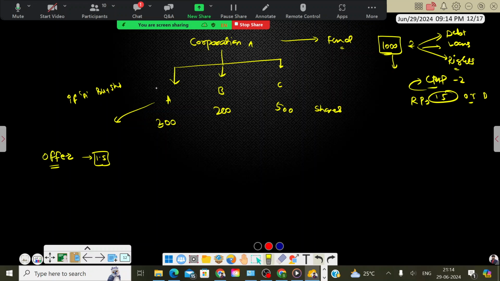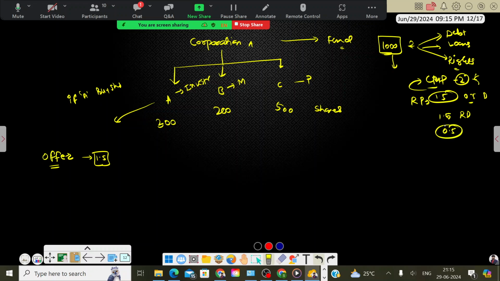Let's say C is the promoter, B is a mutual fund company, and A is a common investor like us. The market price of a share is 2 rupees, and 1.5 is the rights price. So the discount, as you see here, is 0.5.